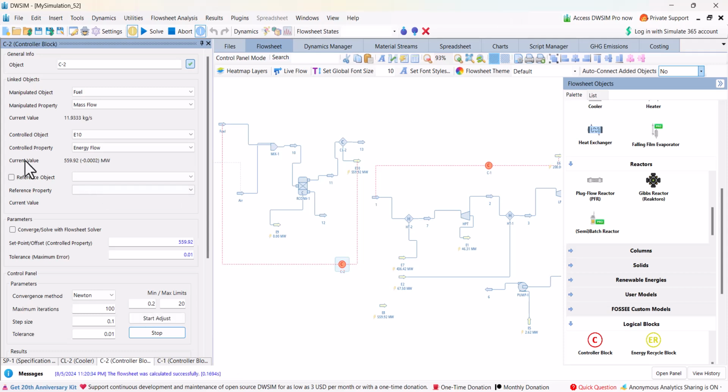Good. So 11.93 kilogram per second of fuel is required to provide 559 megawatt of steam, which was used by steam turbines. So now we have the basic mass balance for the whole plant.